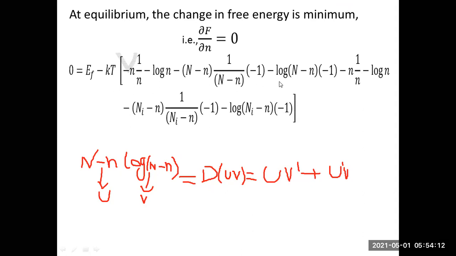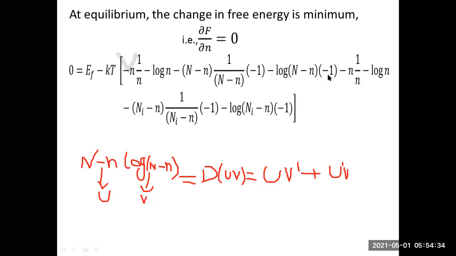So we got this value. You can just see capital N minus n. Again, this is differentiable. U is this, v dash is this. So with this, this is what we get. Again, differentiation of capital N minus small n will fetch you minus 1. Minus of, as it is, log of N minus n, minus 1.